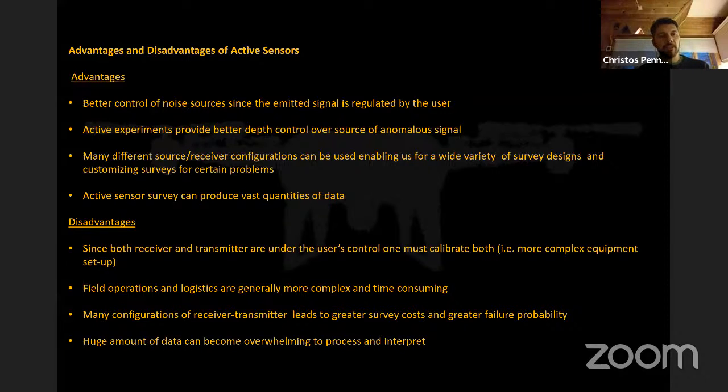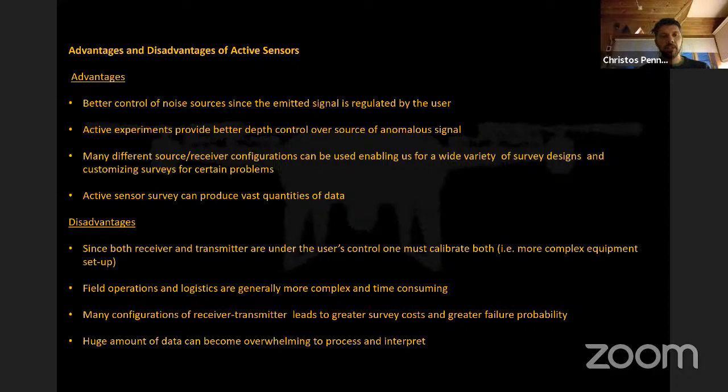Another advantage of these sensors is that active experiments provide better depth control over the source of an anomalous signal, what we said before. Many different sources and different source-receiver configurations can be used, enabling a wide variety of survey designs and customizing surveys for certain problems.